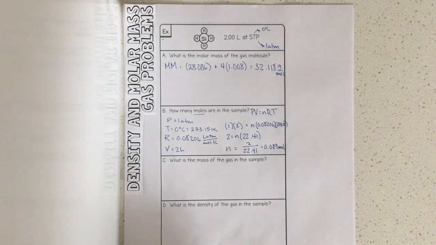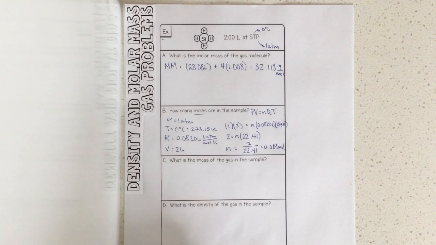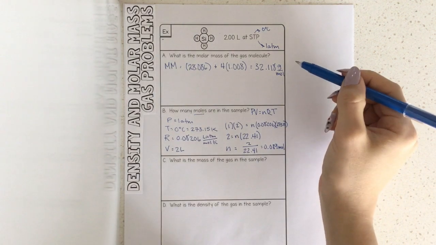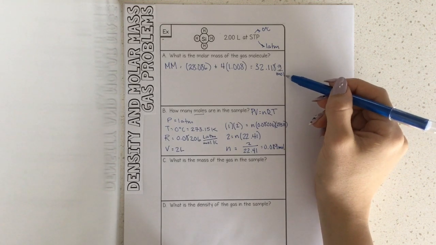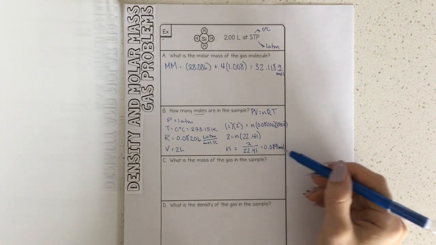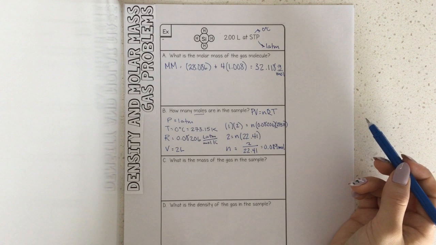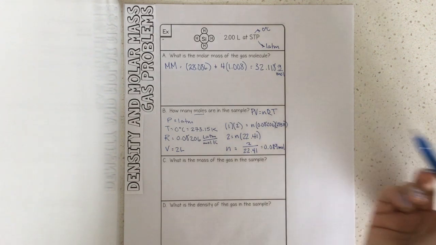Now we are looking for the mass of the gas in the sample. Well, what we do have is we have a molar mass, we have the mass per 1 mole, and we have the amount of moles. That's all we need to figure out the mass of what we do have.